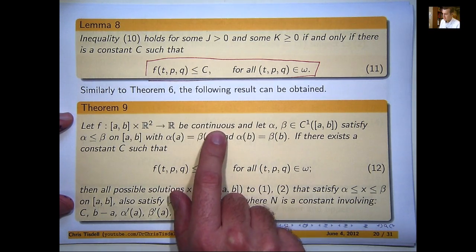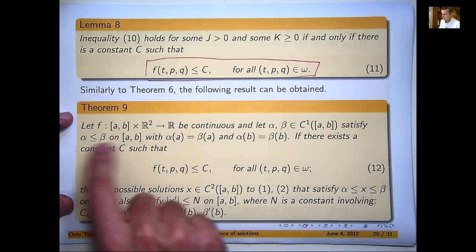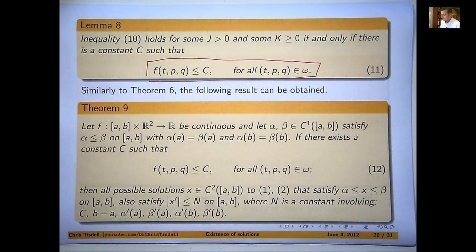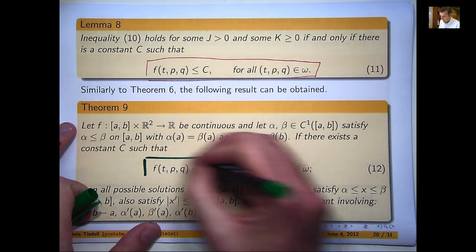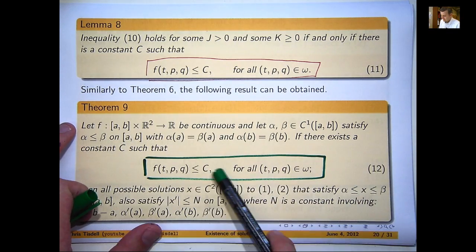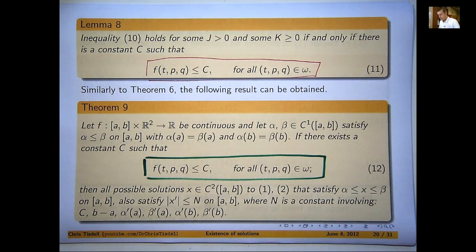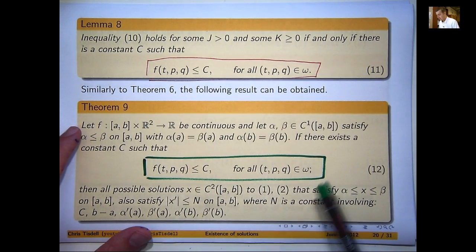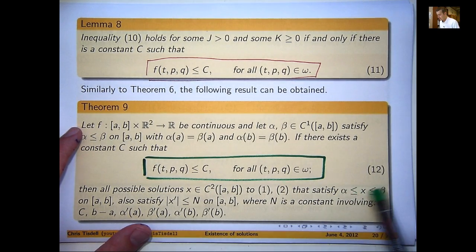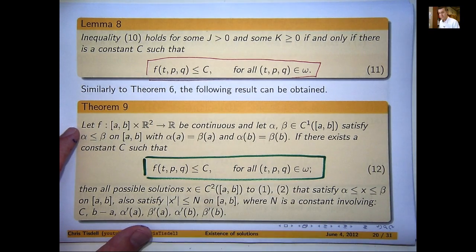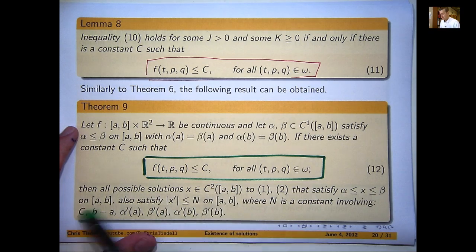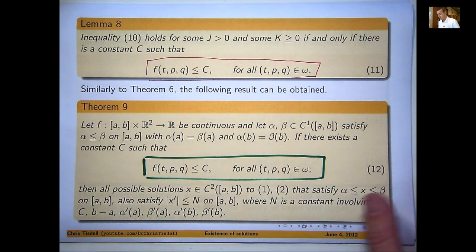Suppose f is continuous, alpha and beta are C1 ordered functions that pinch at the endpoints. If there exists a constant c such that f is bounded above on this set omega, then all possible solutions x in C2 to our boundary value problem that stay between the alpha and the beta also have a derivative that satisfies this a priori bound where n depends on these constants or these values here.